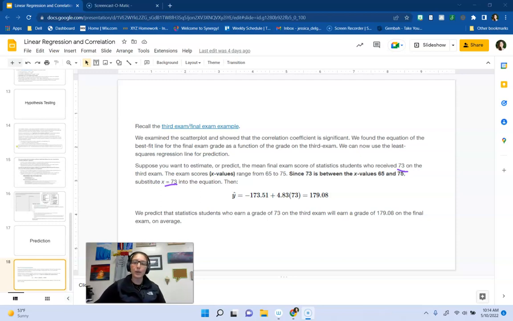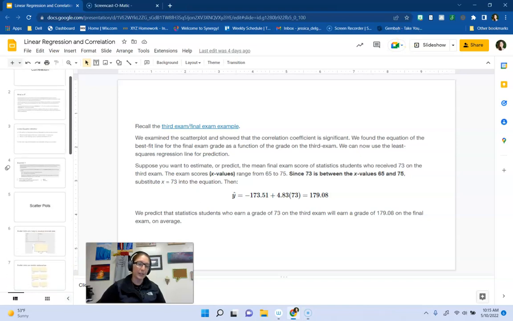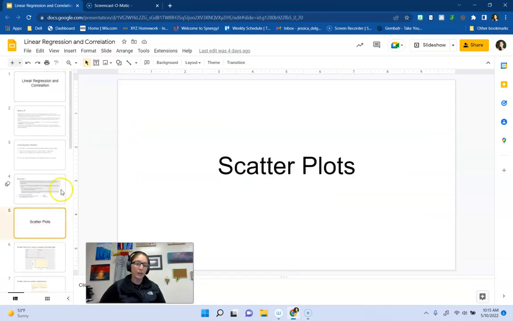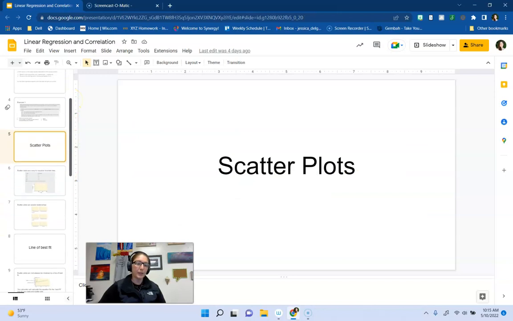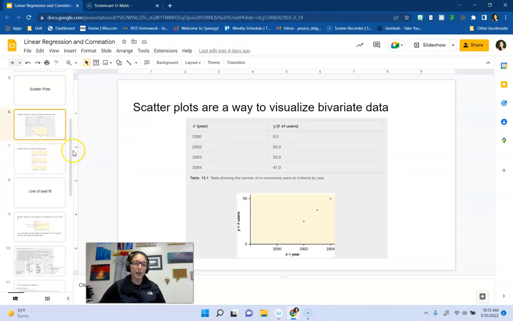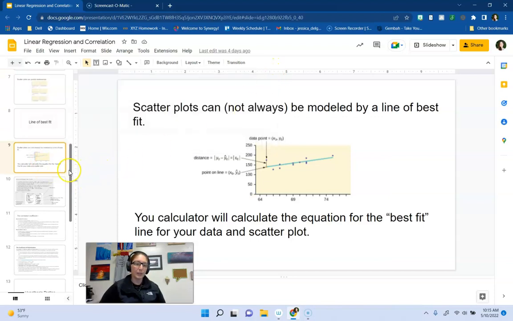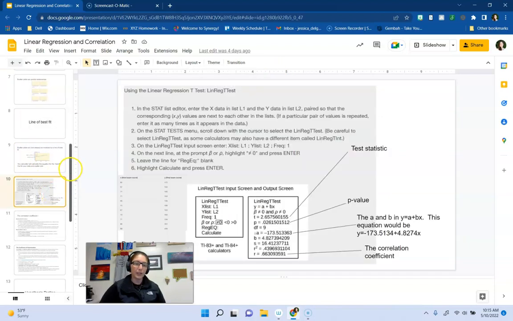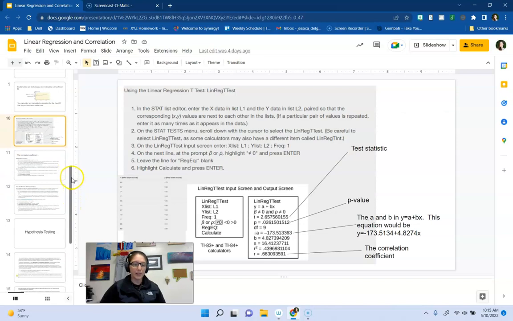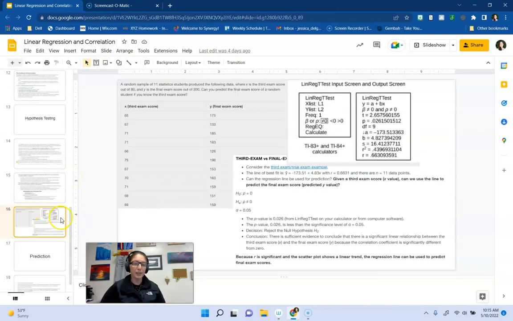So that's the power. Again, to review, if I take my slides all the way up, you get some bivariate data. You get an X and a Y. You plot it on a scatter plot. You make a line of best fit. You get the equation for the line of best fit. After you get the equation, you do a hypothesis test about your line of best fit.